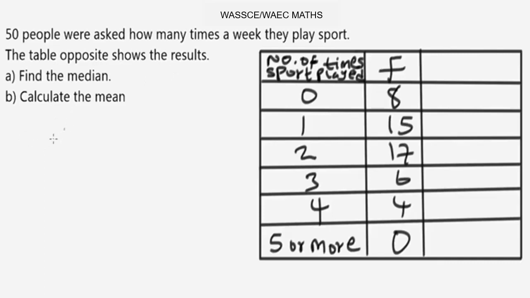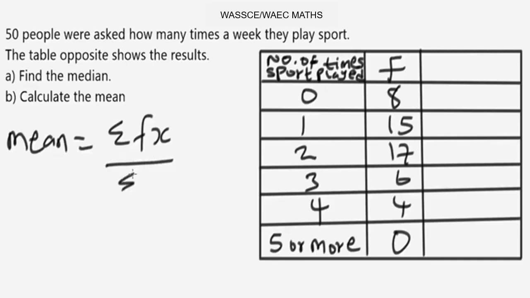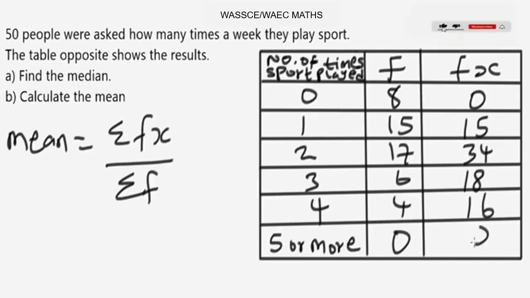Now let's start by getting the mean first. Our mean, we're going to apply this formula, sigma fx over sigma f. Let's get our sigma fx and sigma f respectively. Then we're going to have our fx here. So our fx will be 8 times 0 gives us 0, 15 times 1 gives us 15, 17 times 2 gives us 34, 6 times 3 will give us 18, 4 times 4 will give us 16, 0 times 5 gives us 0.